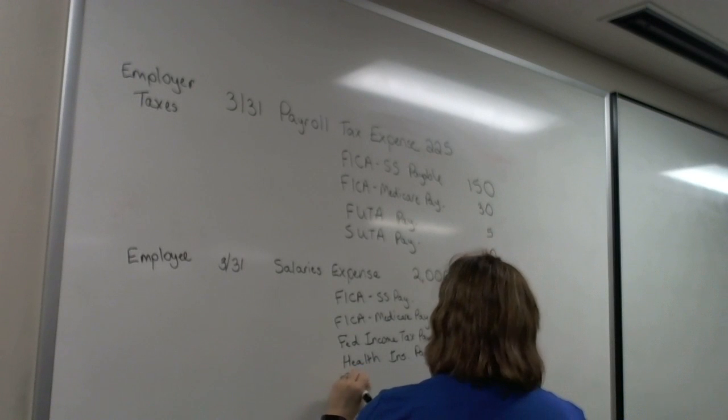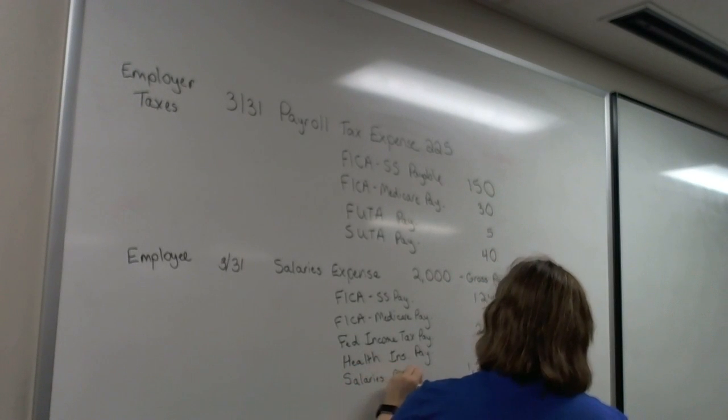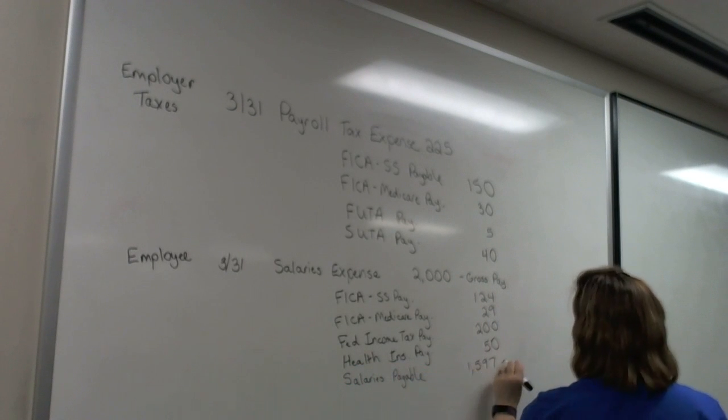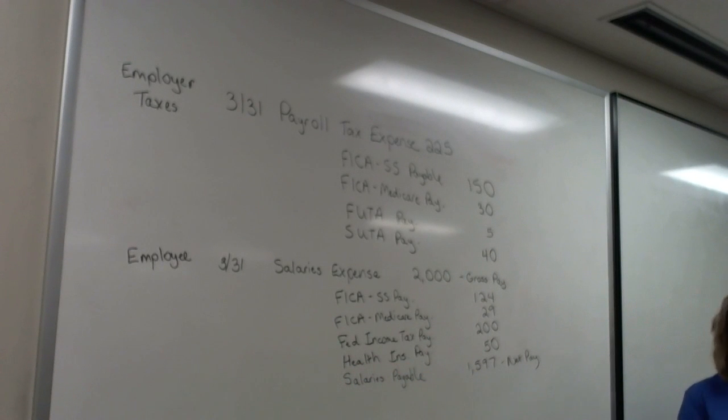And that would be a credit to salaries payable. So that's what we call their net pay. I would know that definition too. Net pay is the actual pay they're receiving, so their gross pay minus all of their withholdings and deductions.